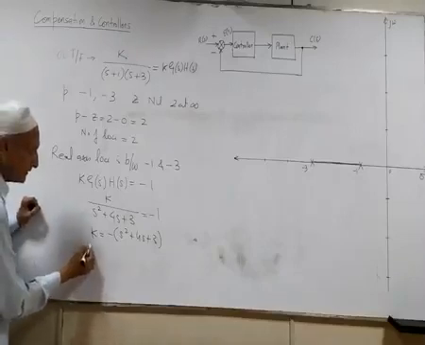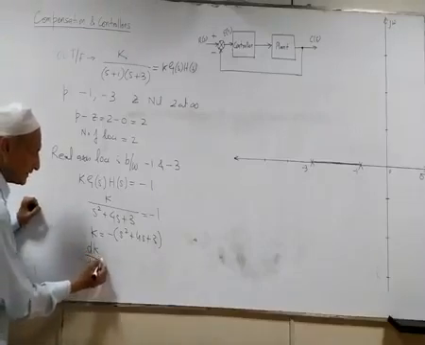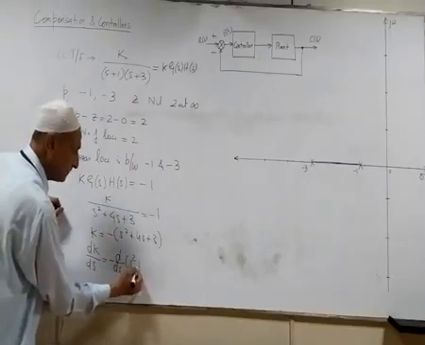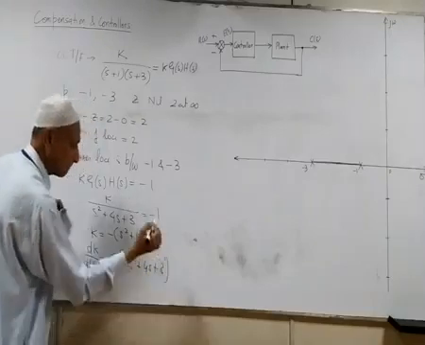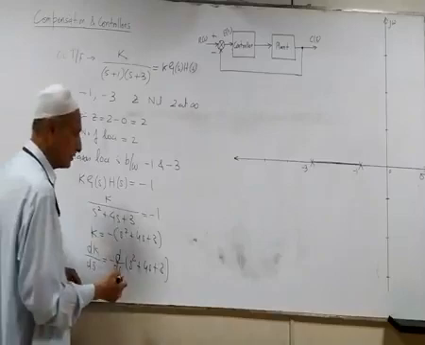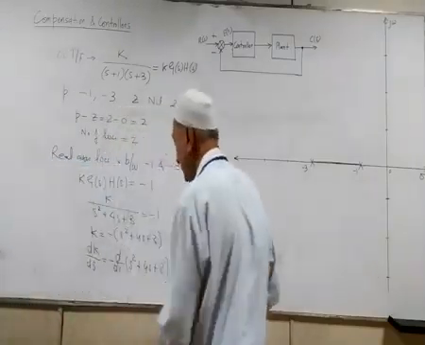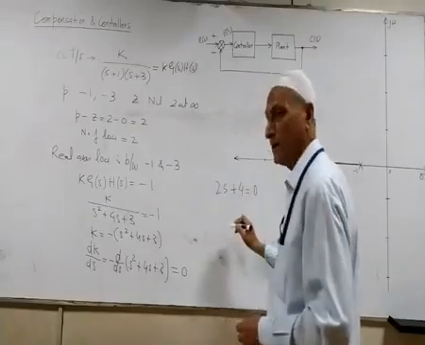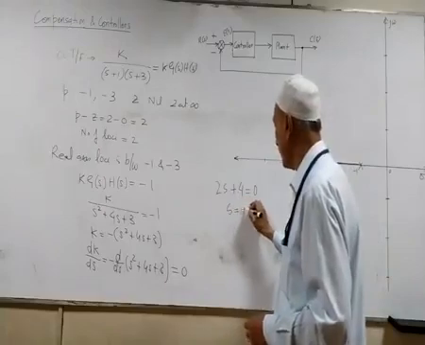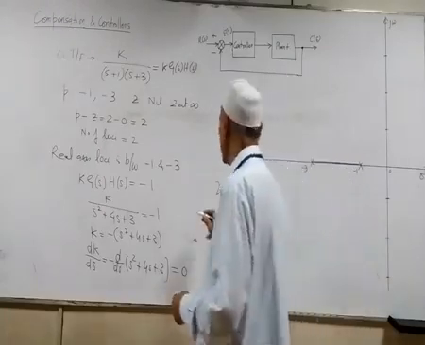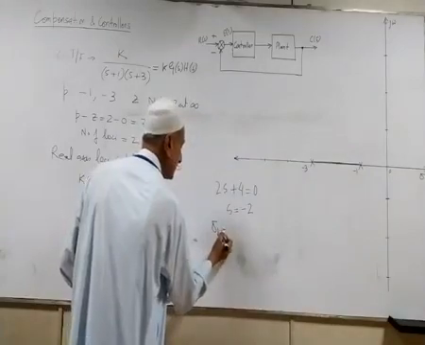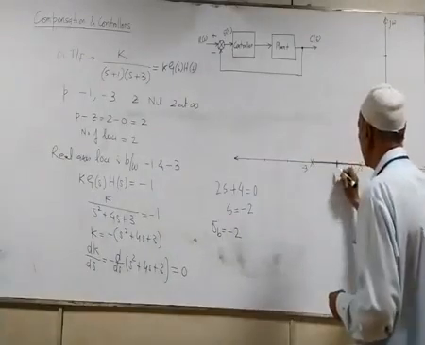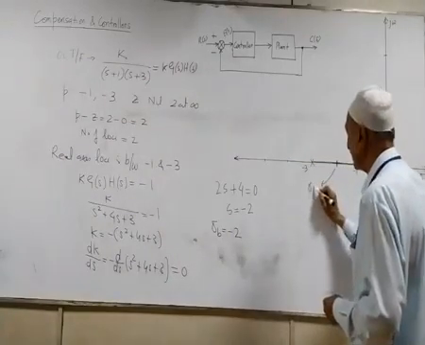Taking dK/ds, we have minus d/ds of this entire function, which is equated to 0. When we take the derivative, we have 2s plus 4 equal to 0, or s is equal to -2. So the breakaway point is sigma b equal to -2.